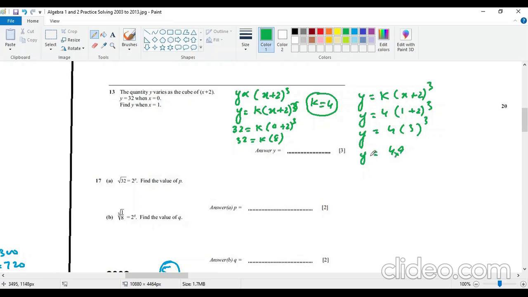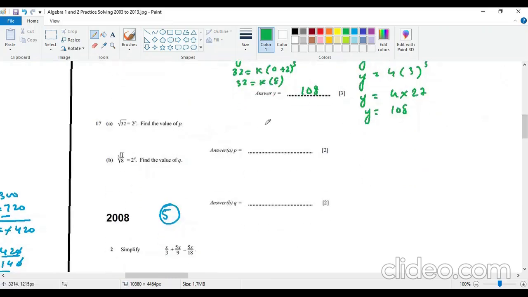So it's not 9. Instead, it is 4 times 27. So y is going to be 108. So 108 should be written here to get 3 marks.